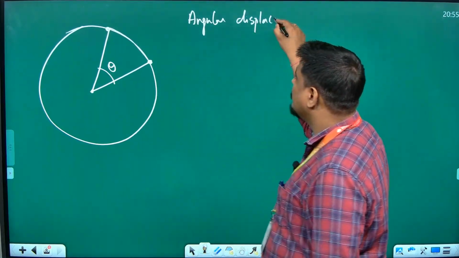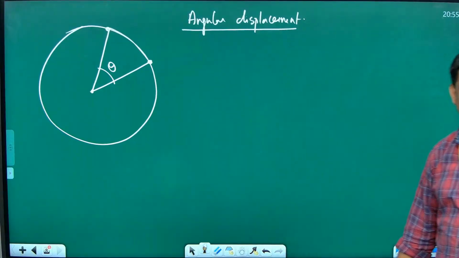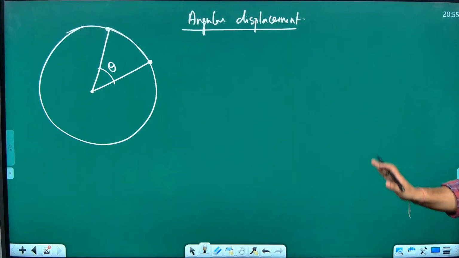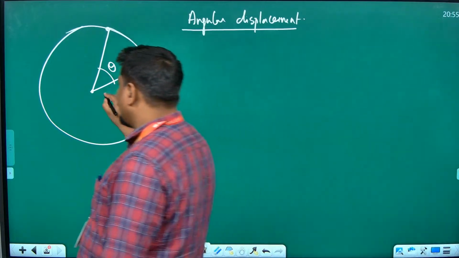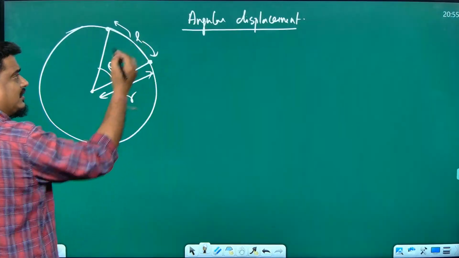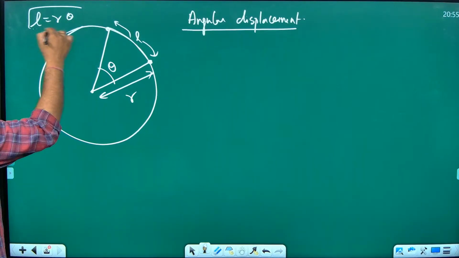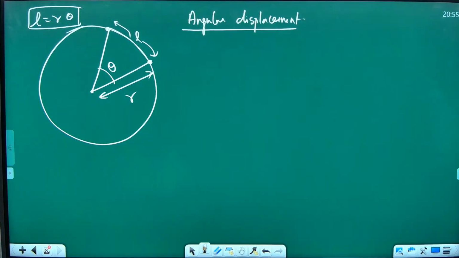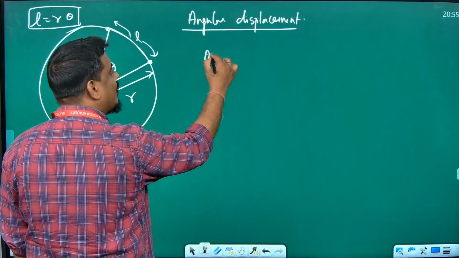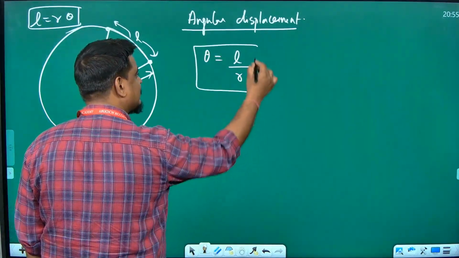The change in angle when an object is moving from one point to another point. So how do you find that? It's very simple. This is the radius, this is the arc length. You know by now that arc length is equal to radius into theta, right? So from here you can say angular displacement is equal to arc length by radius.